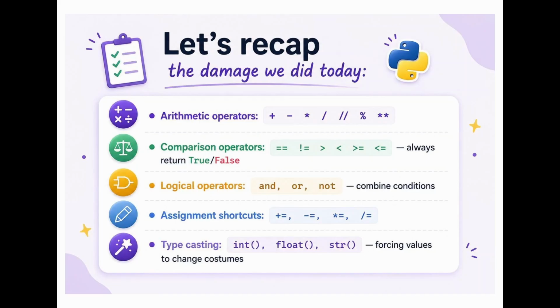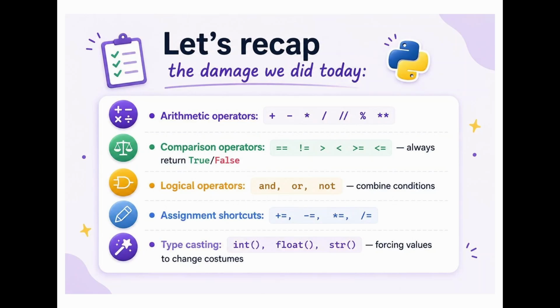Let's recap the damage we did today. First, the arithmetic operations, which are plus, minus, multiplication, divide, floor division, modulus, and exponential. Second one is comparison operators, which are equals to, not equals to, greater than, less than, greater than or equal, or less than or equal, which always return true or false values.